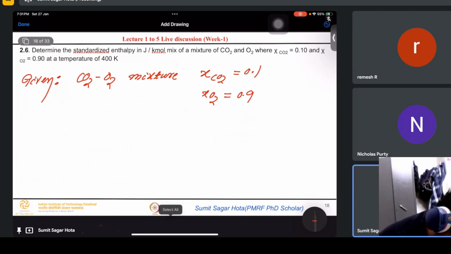What else is given? Temperature 400 Kelvin. We need the standardized enthalpy of the mixture. That is what is asked, the standardized enthalpy.